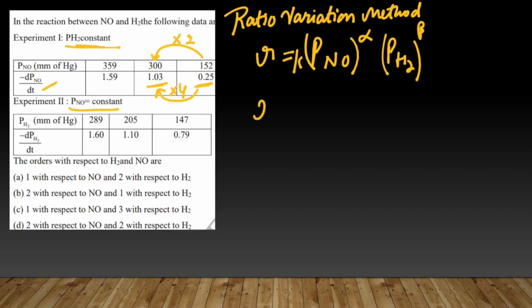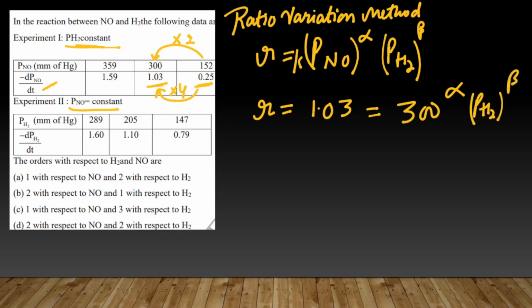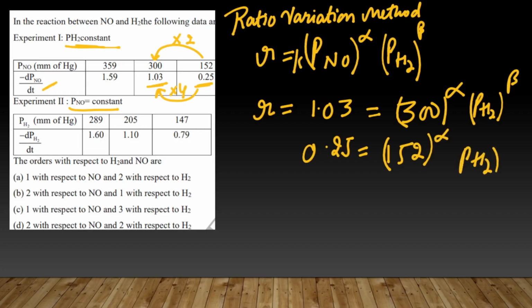Okay. So the first rate value is taken as 1.03, when the pressure of the NO is 300, raised to the power of alpha. The pressure of hydrogen you can keep like this only, beta, and the other rate we take as 0.25, when the pressure of the NO is 152, raised to the power of alpha, and the pressure of hydrogen is still constant.